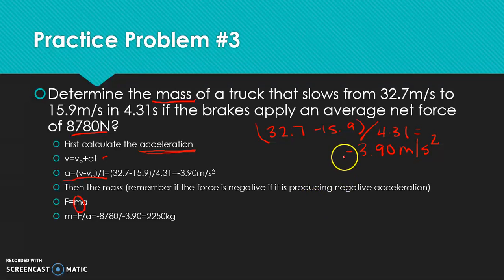And we know that it's negative, and that checks out because the problem does say that they're going to apply brakes, so it's going to be a force applied in the opposite direction.